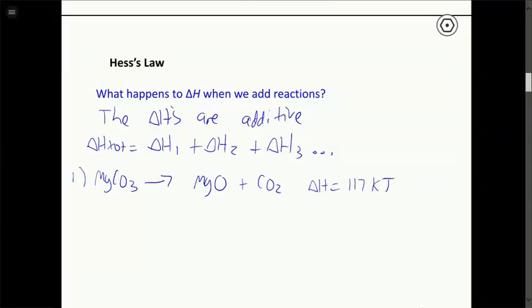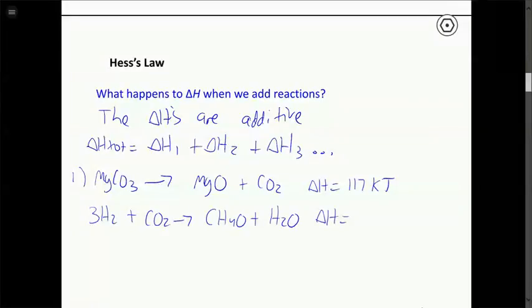Now let's say we combine this chemical equation with another one, which is we take the CO2 from the first reaction and we combine it with H2 to make methanol and water, CH4O and water, just as a random example. The delta H for this reaction is minus 131 kilojoules.